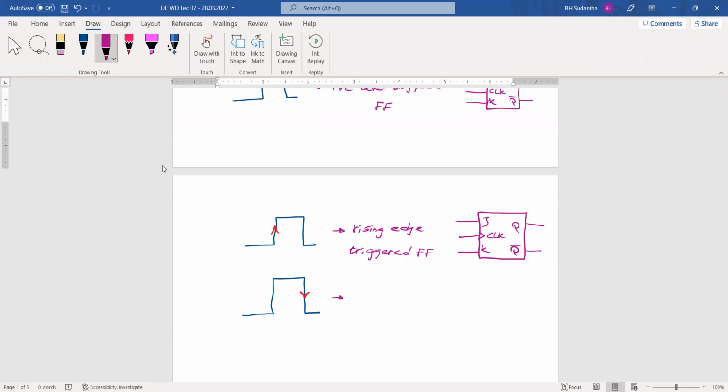And this one is the falling edge triggered flip-flop.